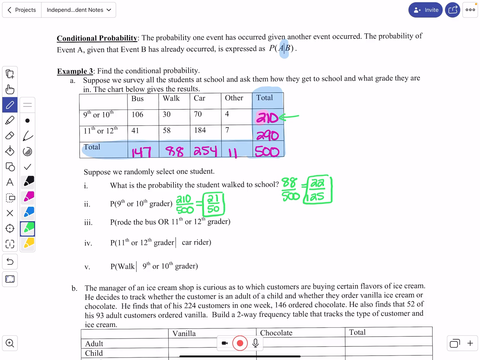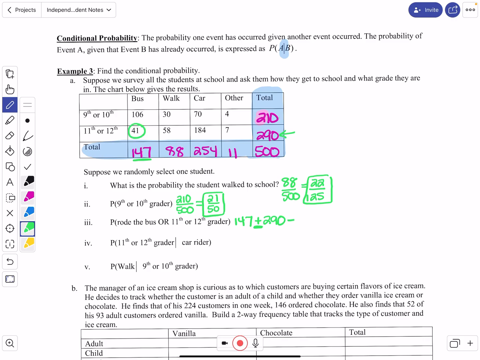So now we get into some that involve a little more work. The probability that they rode the bus or 11th or 12th grader. So the probability that they rode the bus, that's 147, or 11th or 12th grader, that's the 290. So we need to add those together. Anytime you see or, you add, okay? Now, notice here there is an overlap. This row and column overlap with the 41.